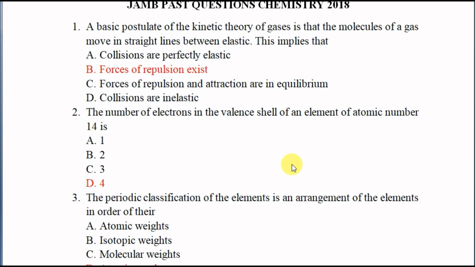The answer is atomic numbers. We all know that in the periodic table, elements are arranged according to their atomic numbers. So the periodic classification is simply asking us about the classification in the periodic table. So let's keep on going.